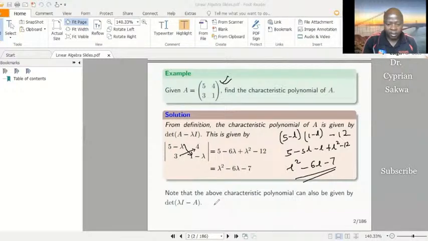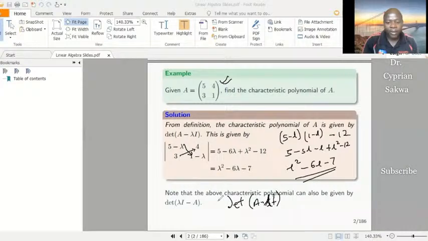I've said that note that the above characteristic polynomial can also be given by this. What I mean is that we can also reverse this order. You see, we've taken the determinant of A minus lambda I to get the characteristic polynomial.